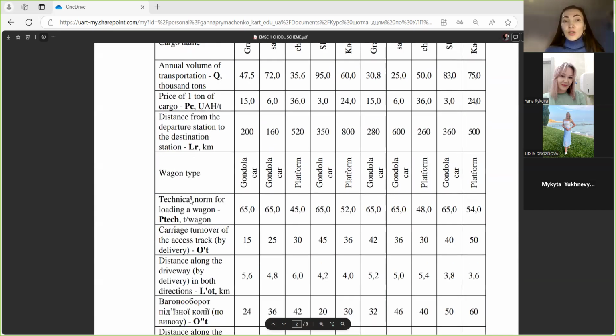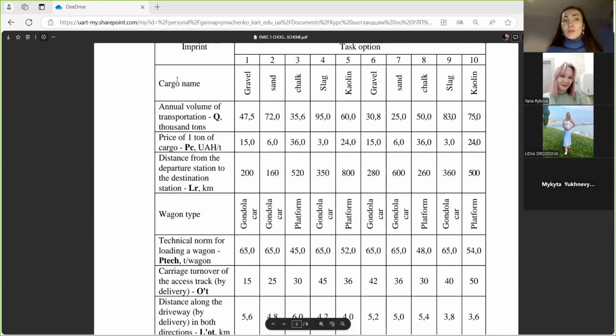P with index stage is the technical norm for loading a wagon. It is line 7 of our table. First variant it is 65 tons, third variant 45 tons, and other variants. Please find yours.